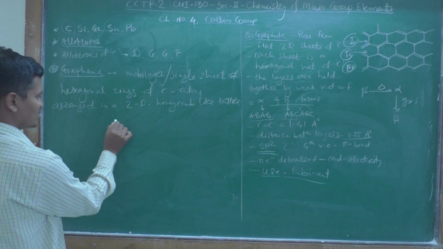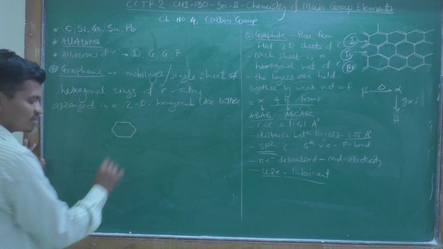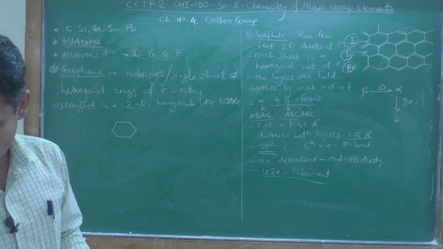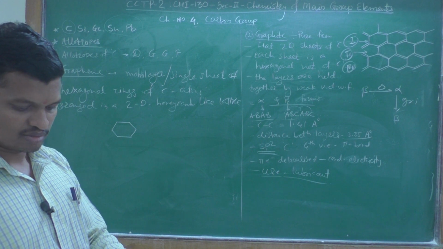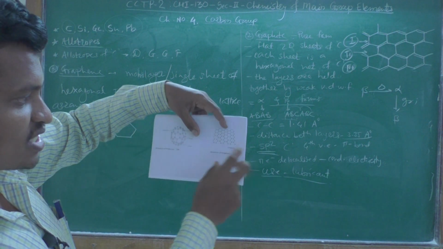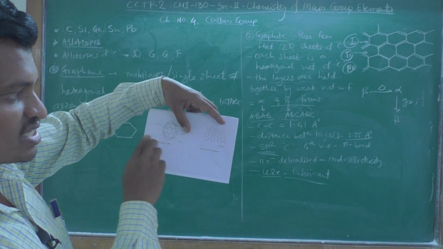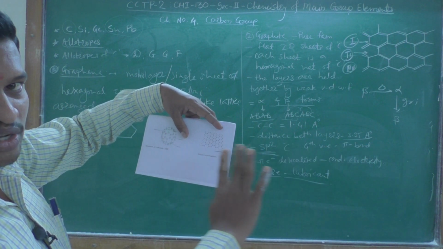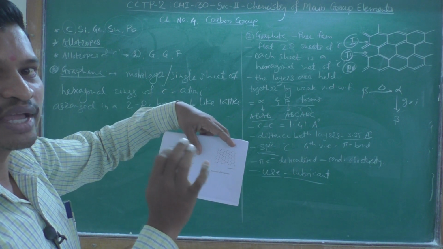The honeycomb-like structure means, I can show you here, this is the structure of graphene. Hexagonal rings are arranged in a two-dimensional way, looking exactly like a honeycomb-like lattice.